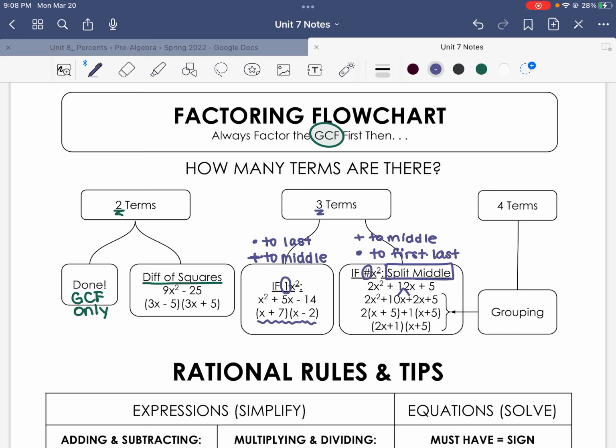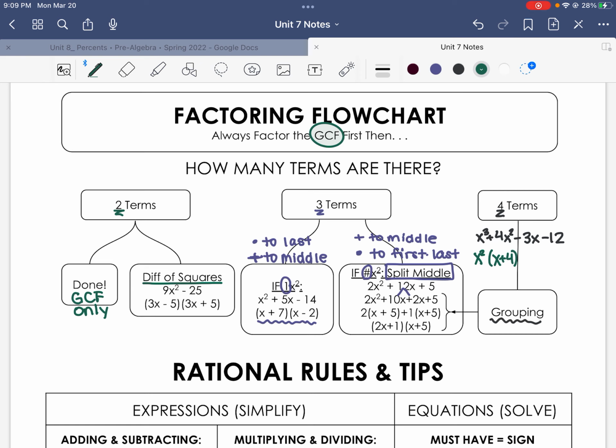And if there are four terms, then you're just going to use what we call grouping. Here's an example if it helps you. X cubed plus 4x squared minus 3x minus 12. You would split this in the middle, kind of where I have the line. I did that on purpose. You can take x squared out of these two, leaving you with x plus 4.